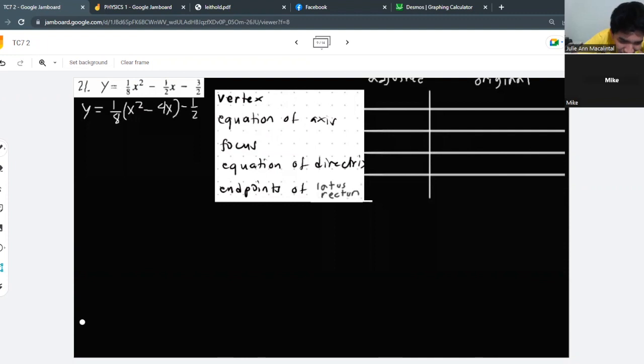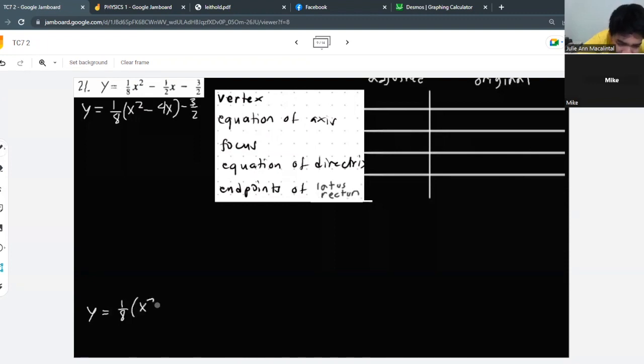Wait. I need the... yes. Tapos mali yung factoring na. Mali yung na-factor out. May problema rin yung, di ba, nag-factor out ka ng 1/8. Teka. So, factor out 1/8.